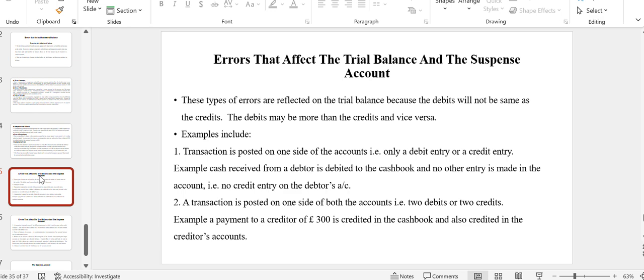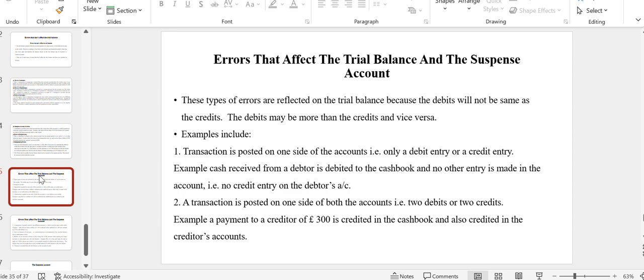That will make the trial balance not balance. For example, for credit sales to Patel, you are supposed to debit debtors and credit sales. So you debit debtors and again you debit sales. That will affect the trial balance.